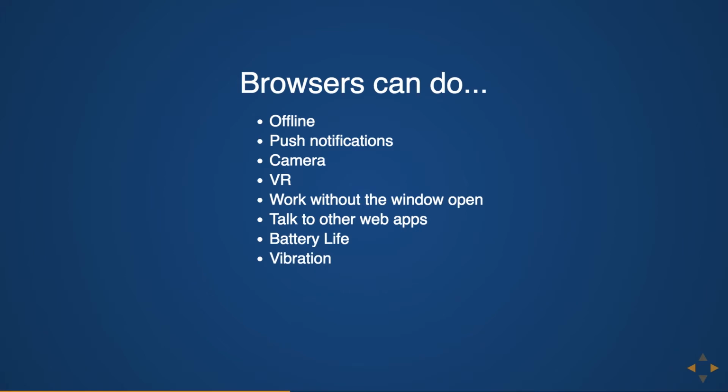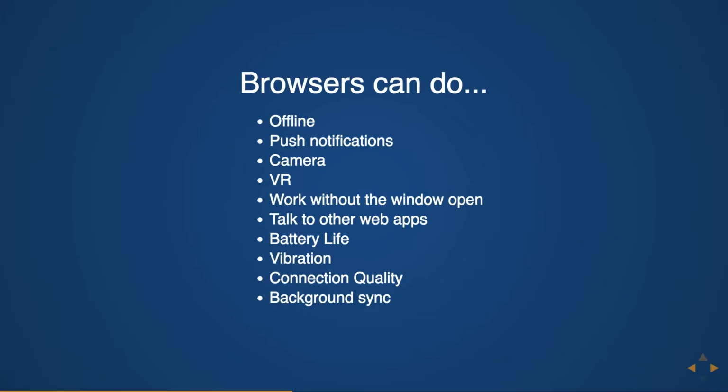You can access vibration on mobile devices. You can see the connection quality and either serve up low resolution images or prompt them with options for that. And you can synchronize stuff in the background so when they get to your app, the content is already loaded. You want to talk about performance? How about not having to make the network request at the time that you want it? It's already there.